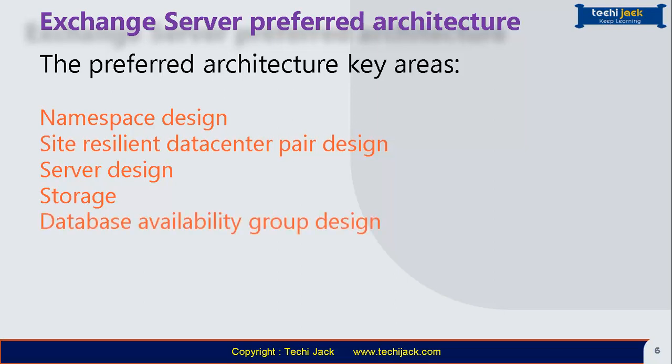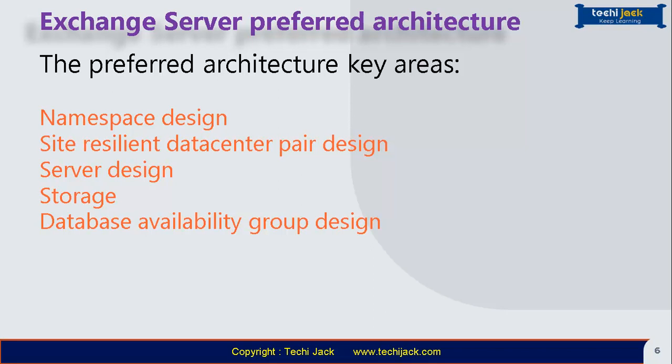And the fifth one is database availability group design. An organization might deploy one or more DAGs which can stretch across two data centers, and this scenario allows distribution of the load across as many servers as possible during failure scenarios. If your organization has three data centers, it is recommended to deploy the DAG witness server in the third data center.